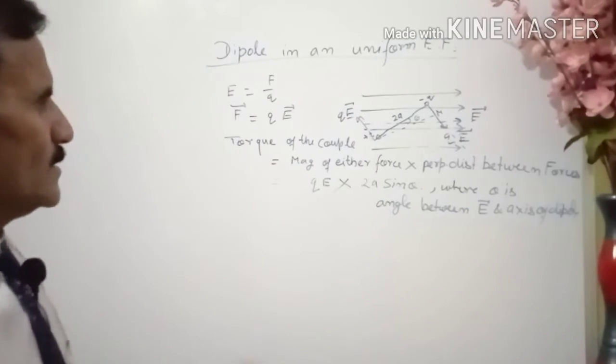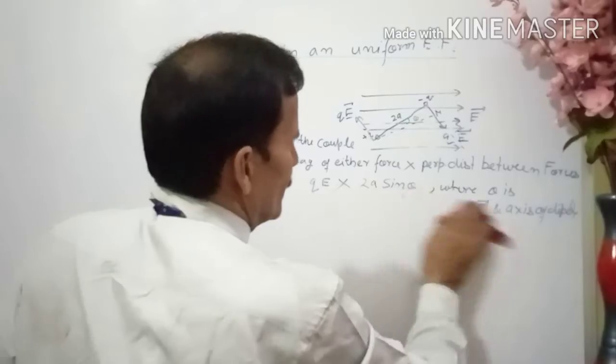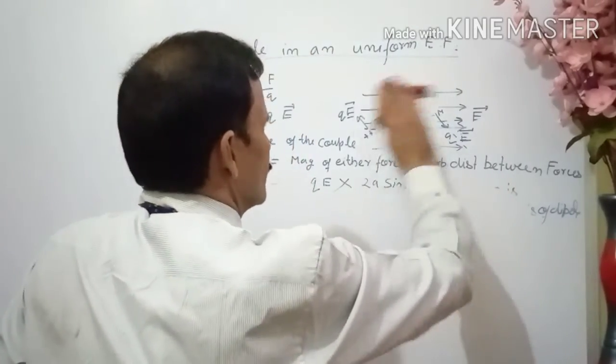Why is sine coming? Because we are taking the perpendicular distance.